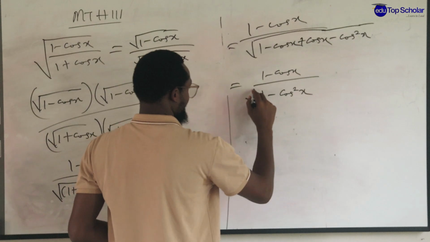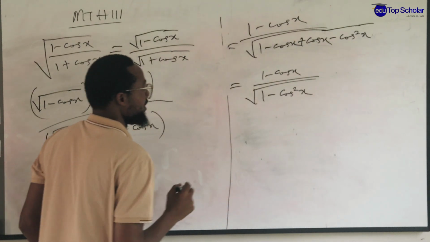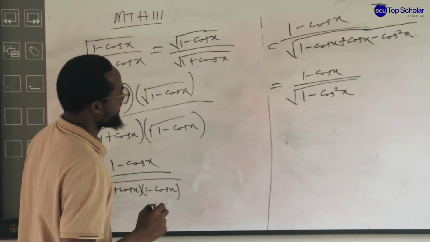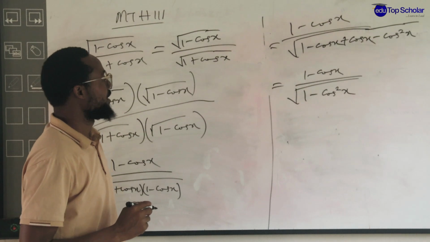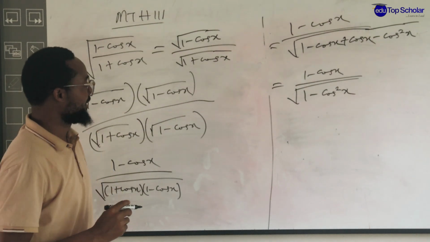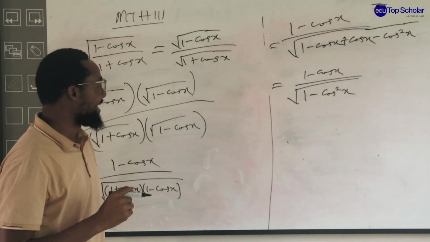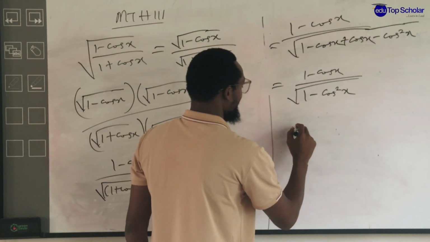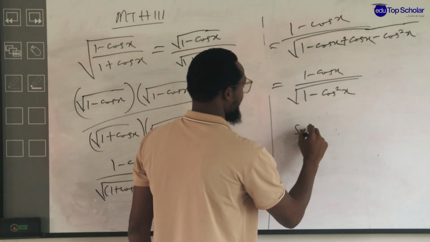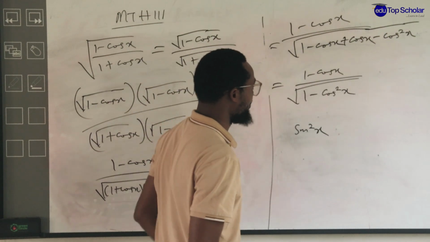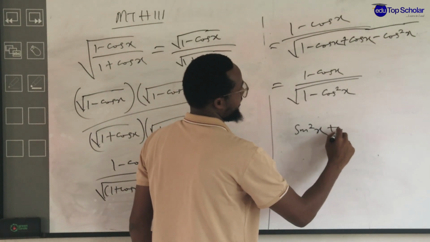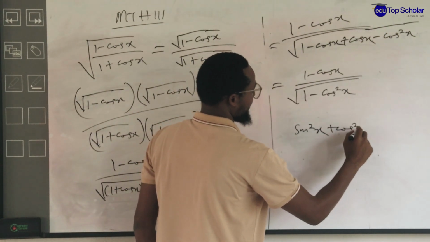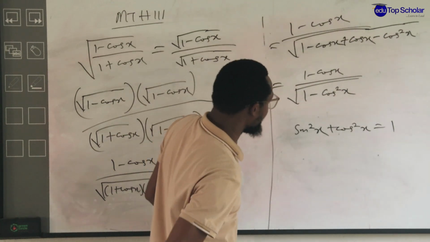Root that, the square root of 1 minus cos square x. Don't forget, from the knowledge of our trigonometry, the first identity that is proved here is that we have sine square x, because we're using variable x, and let me maintain that, plus cos square x is equals to 1.